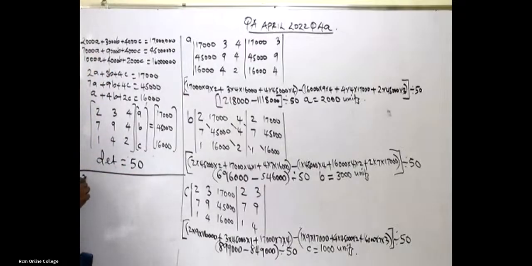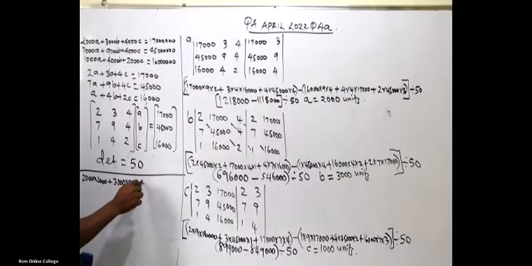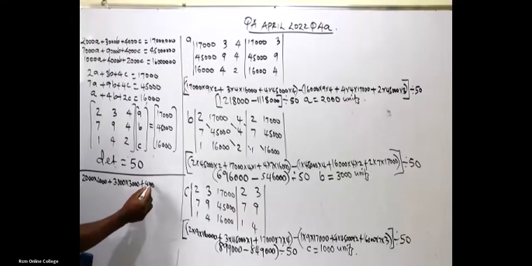So 2,000 times 2,000, plus 3,000 times the value of B, which is 3,000, plus 4,000 times the value of C, which is 1,000.